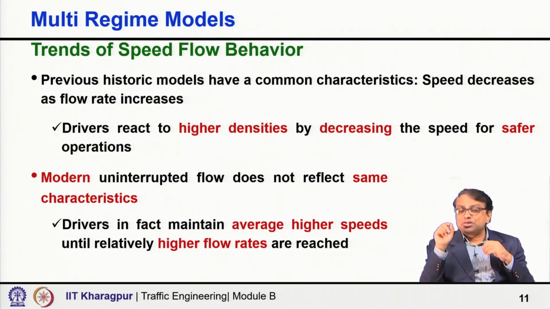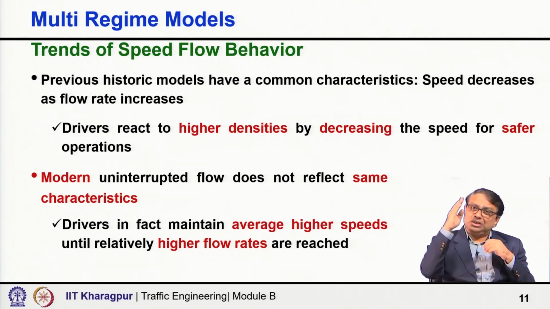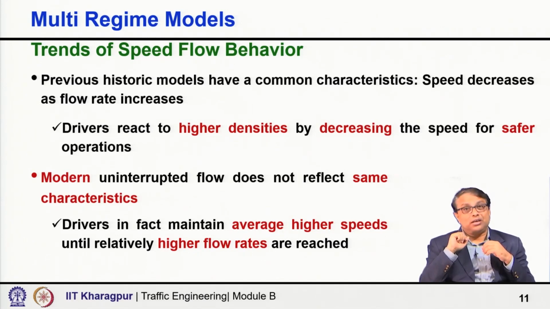So, on some roads you may find the speed decreasing drastically, even following the earlier trend, but you are more likely to get a different behavior, similar to what I am saying here under modern uninterrupted flow, on expressways and access control facilities, which are actually high quality roads, not on all roads.